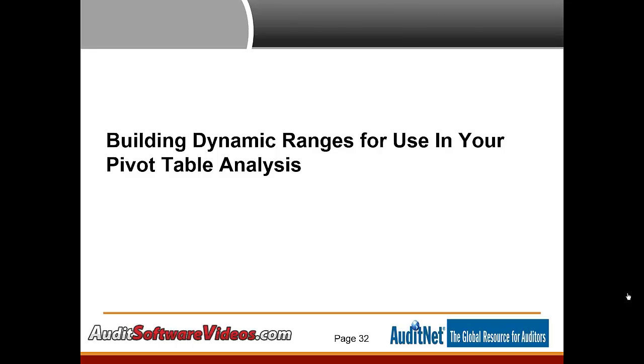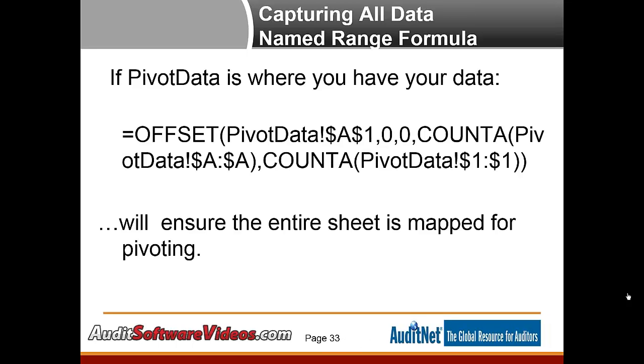Okay, the first thing I would say is I don't study this very well. I always copy this actual formula, so we're going to do this in a second. What I find is that this formula uses the offset feature, and it's going to look at whatever schedule or tab in Excel that you're working with.